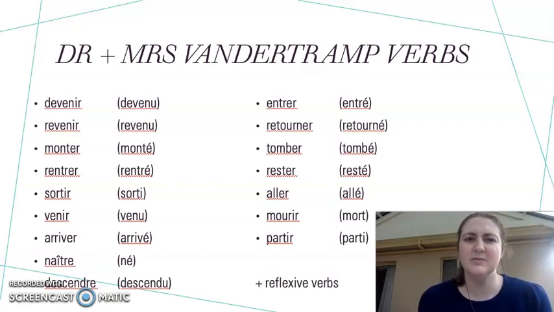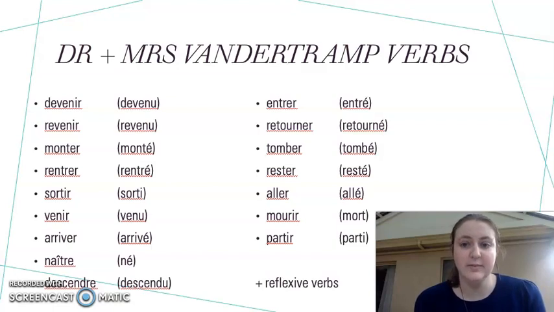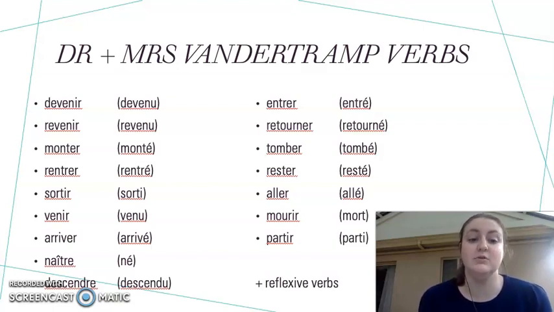But first, we might ask ourselves which verbs actually use être in the passé composé. To make it easier, we have made an acronym, which is Dr. and Mrs. Van der Tramp, which actually represents all of the main verbs that use être in the passé composé. Keep in mind that reflexive verbs also use être in passé composé, but we will not be looking at those ones today.